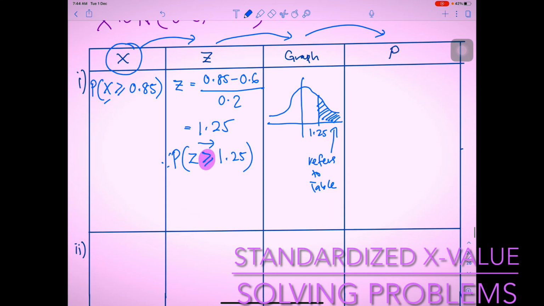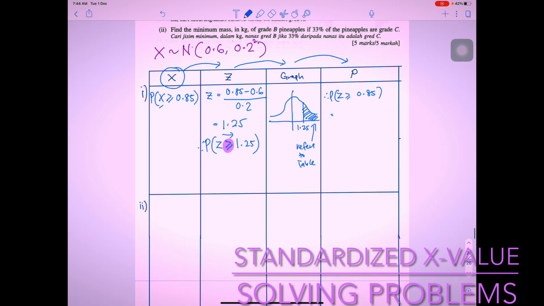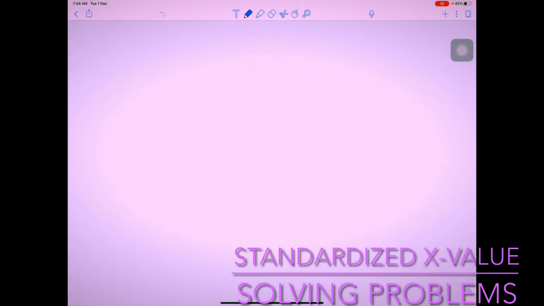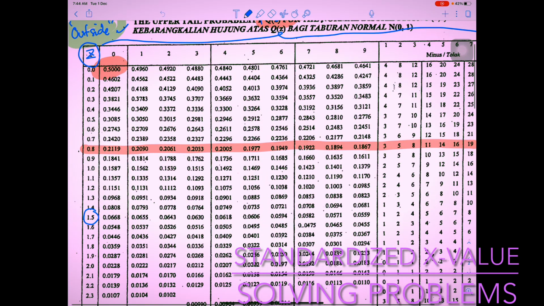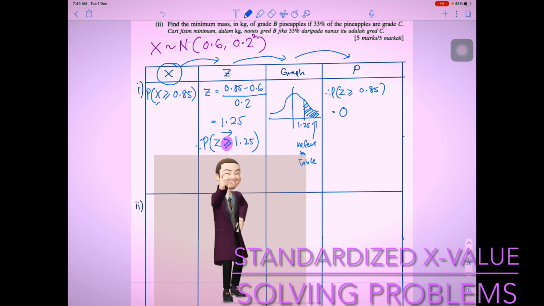Therefore P(Z greater than or equal to 1.25) equals, if you look at the table, 0.10556. So the answer is 0.10556.